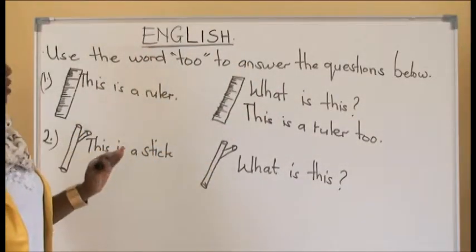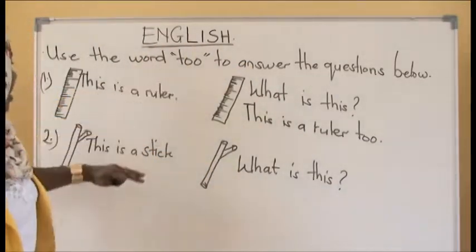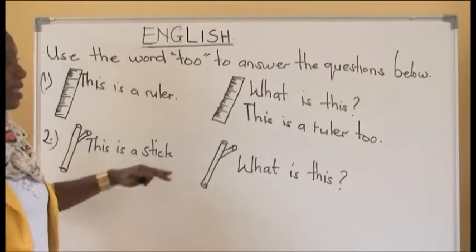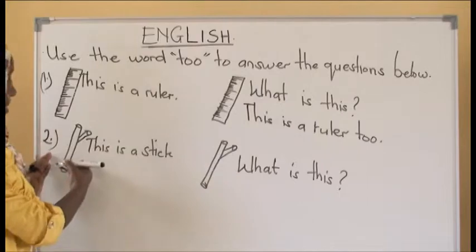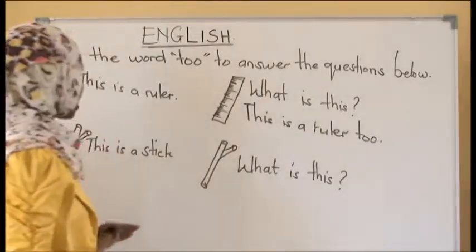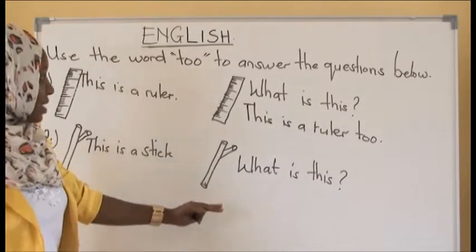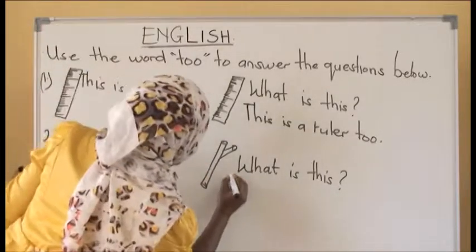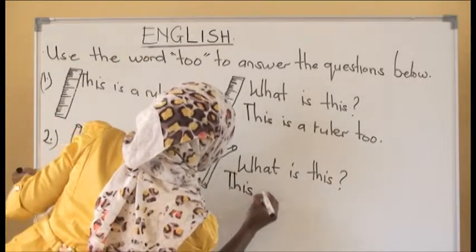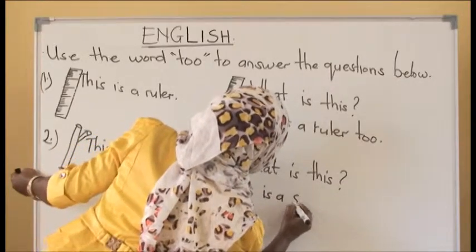And because we are told to use the word to answer the questions below, and we know that the word to is used to show similarity of the things, and this one here is the stick, and this one here is the stick. So we are going to answer it like this. We are going to say, this is a stick too. Like this. This is a stick too.